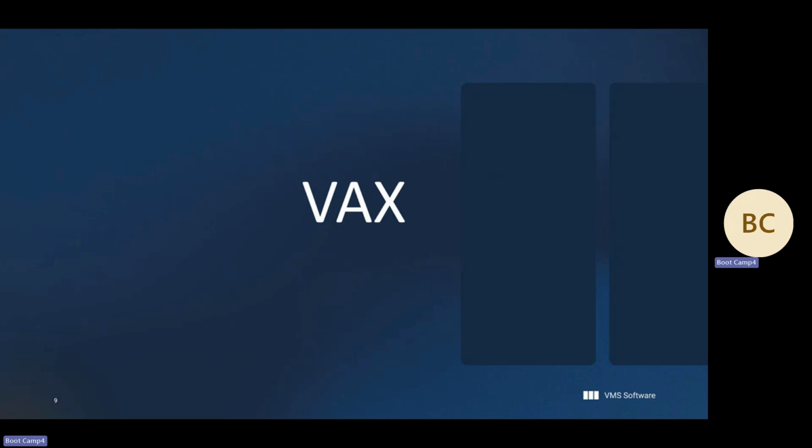VAX, originally called the VAX-11, was an outgrowth of the PDP-11, particularly the 40 and the 70. They didn't really have paging, certainly from the RSTS side. People who might recall overlays, and Rob is nodding his head.